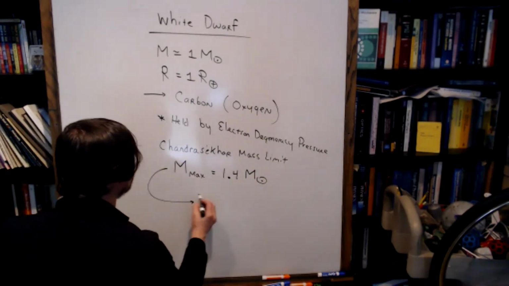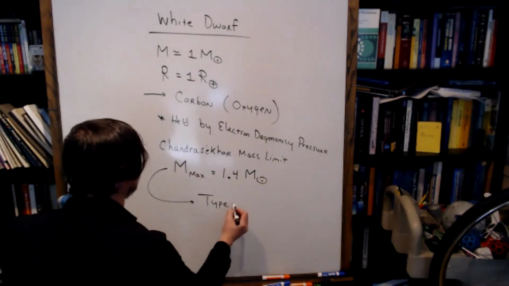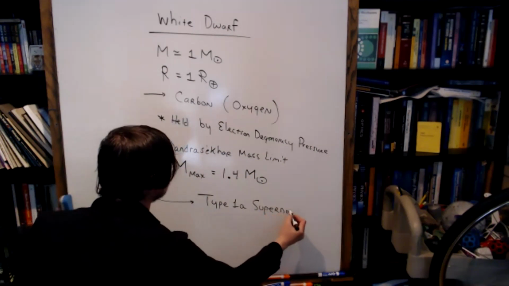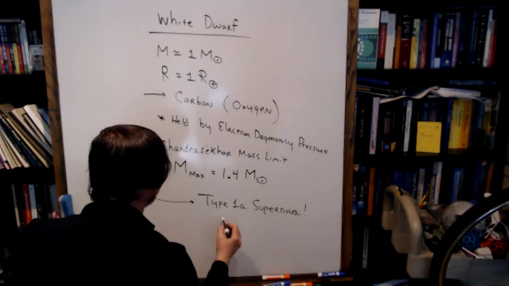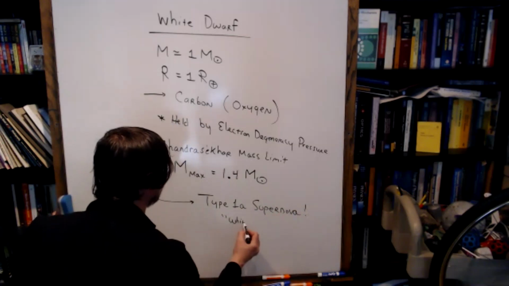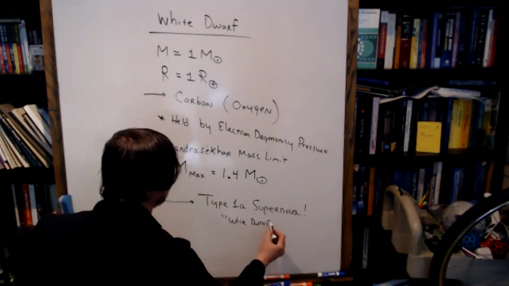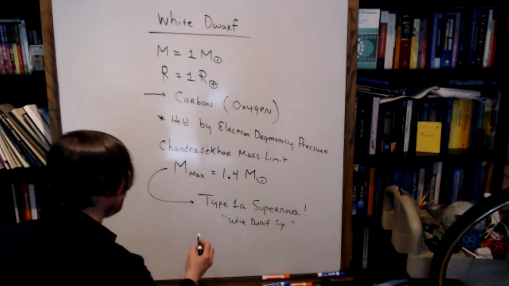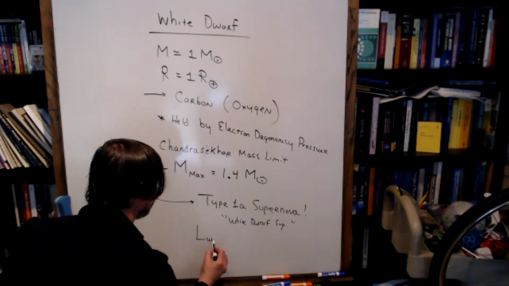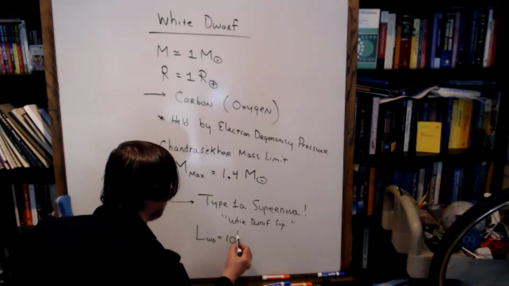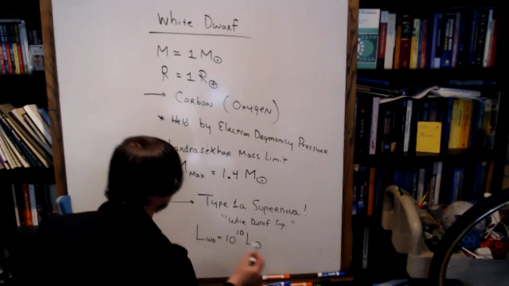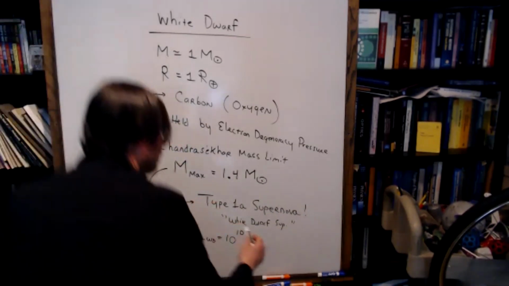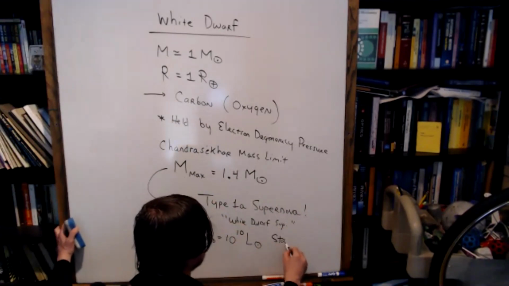Anything greater than that will turn into what's called a type 1a supernova, or what's commonly known as a white dwarf supernova. The standard luminosity for a white dwarf supernova is 10 billion solar luminosity units. And this is what's called a standard candle in astronomy.